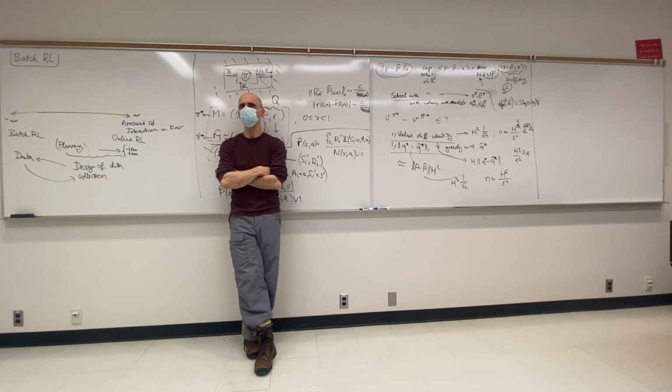The state action space for that M hat, that MDP simulator that we learned with the neural network, could have some different states, for example, or different actions from the original one. So they could be not equal to each other.